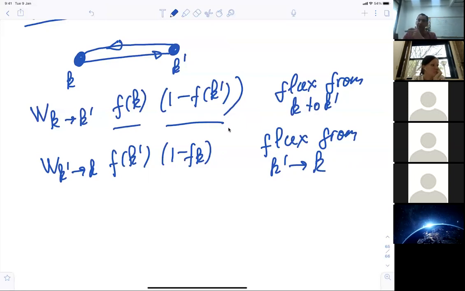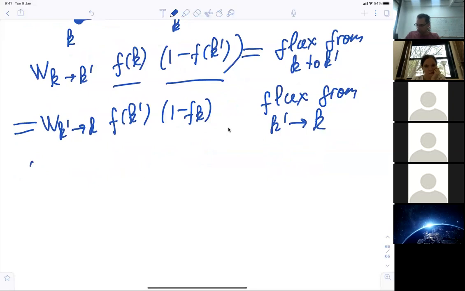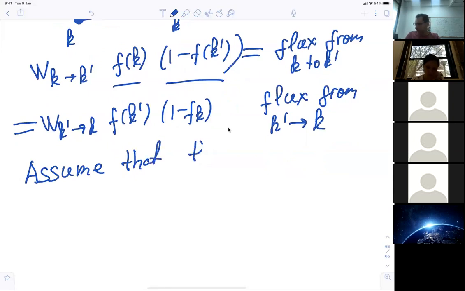The flux between any pair of states equilibrates. This is called detailed balance: not just a balance of electrons at any state, but also a balance of fluxes between any two states. This is a typical situation for many collision processes. So let's assume, this is an assumption, that there is a detailed balance.